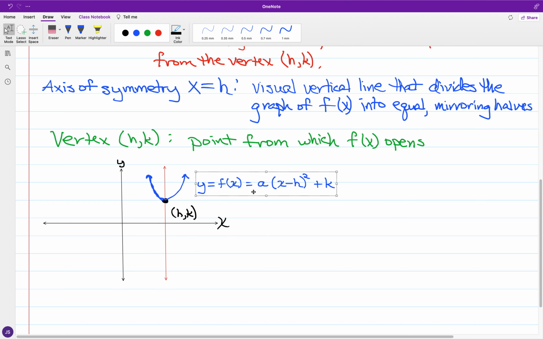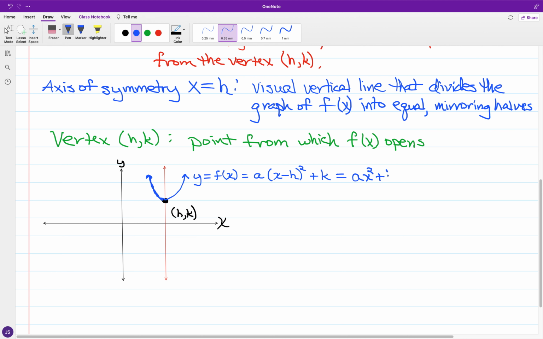Again, so you have y is equal to f of x is equal to a times the square of x minus h, followed by the sum of k. And again, this is still the same f of x, that is ax squared plus bx plus c.